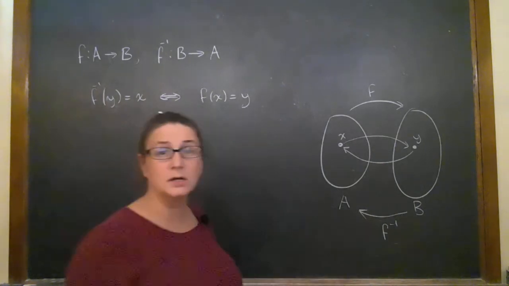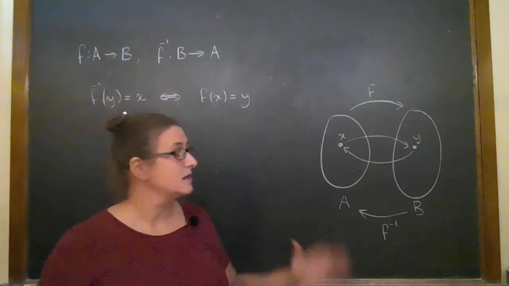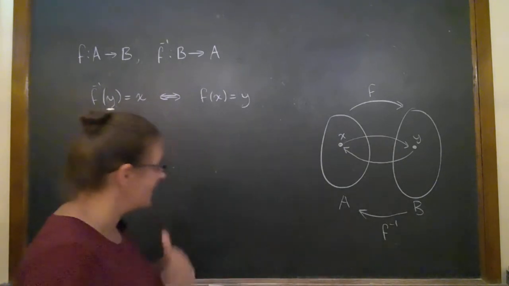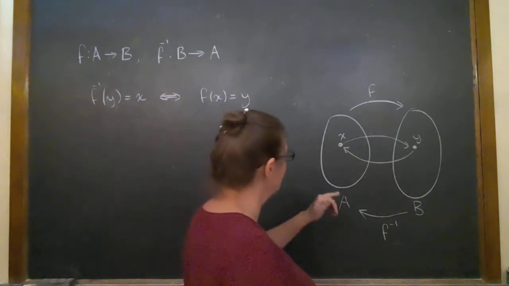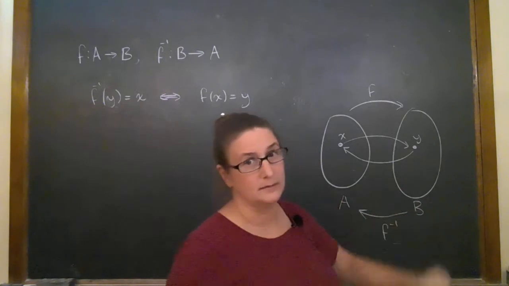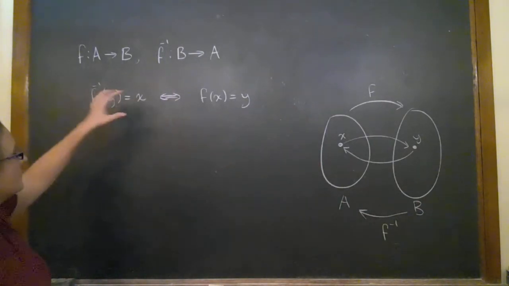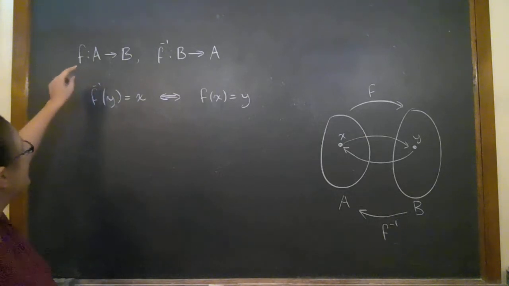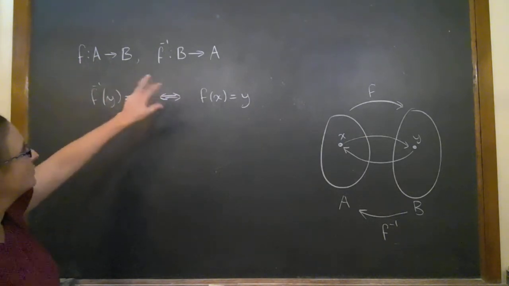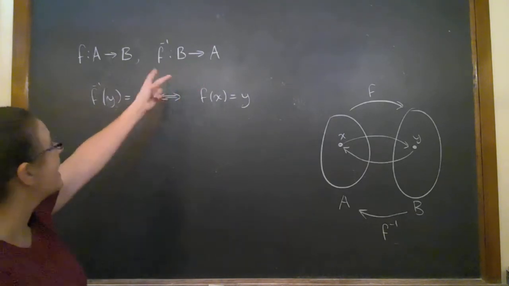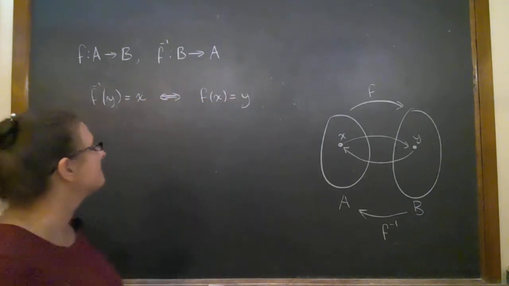And for that to work, we had to have f to begin with being a one-to-one function, and we had to have domain A and range B. Okay? So as you see, because of the way that works out, if f goes from A to B, then of course the domain and the range swap for f inverse. F inverse goes from B to A.